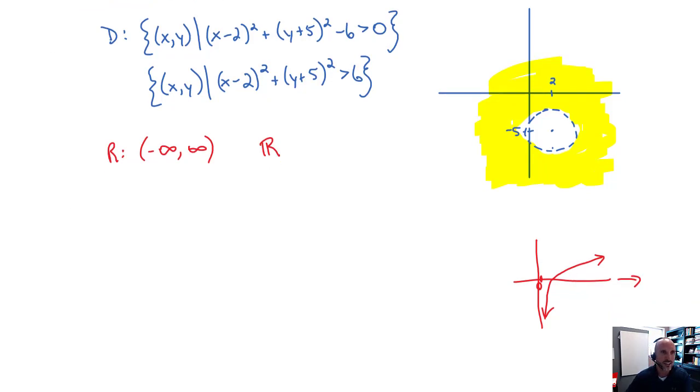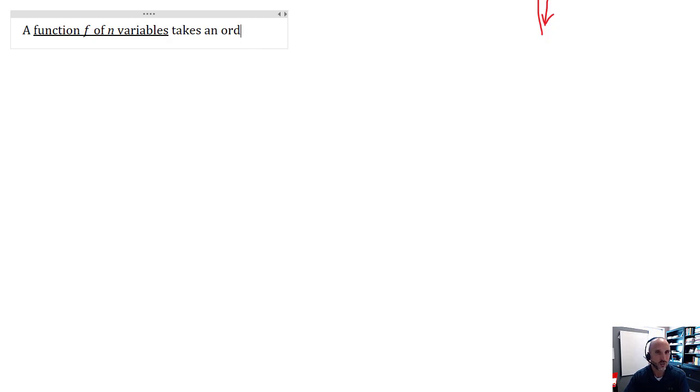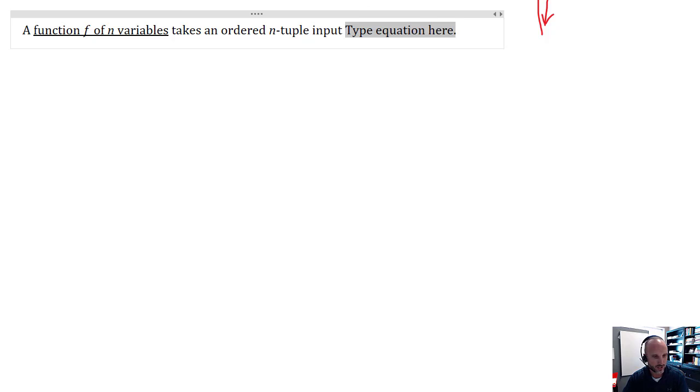Okay, so that is an introduction to functions of two variables. You can apply the same ideas to get a function, let's say f of n variables. A function f of n variables takes not an ordered pair, but an ordered n-tuple input. So we can call that x sub 1, x sub 2, dot, dot, dot, all the way to x sub n.